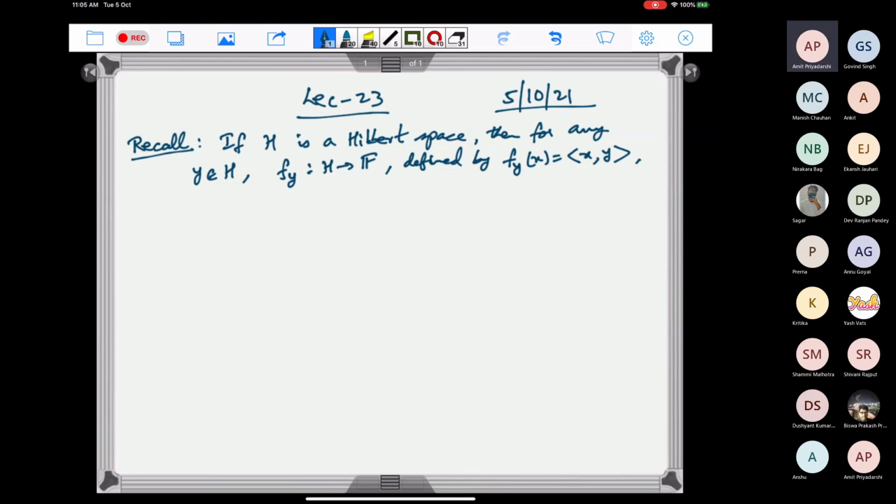So for any y, f sub y is a continuous linear functional, and also we saw that norm of f sub y is equal to norm of y.